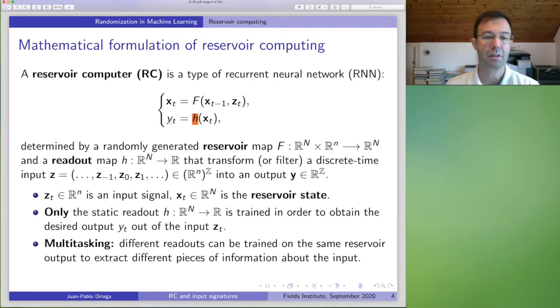These are different things that you can ask about the same input. So multitasking would be just running the C's through this state equation and then training different H's for all these different tasks that you want to solve. That is extremely important in many situations.